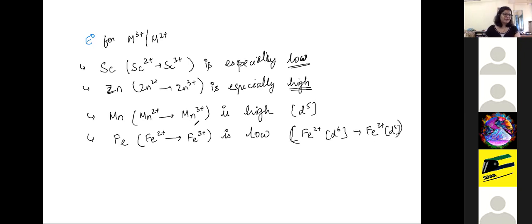Okay. All right. So this is basically the trends in the standard electrode potential, and this is what is also going to decide your chemical reactivity. So if you have Fe2 plus, it wants to be oxidized to Fe3 plus, which is why it's going to show more of a reducing nature.